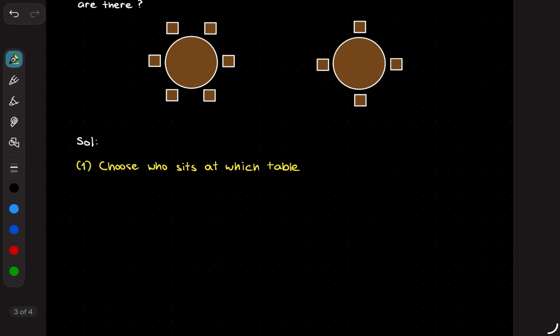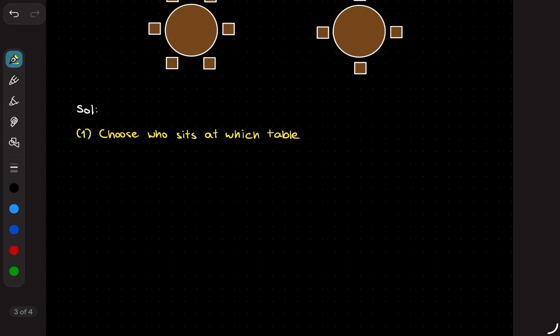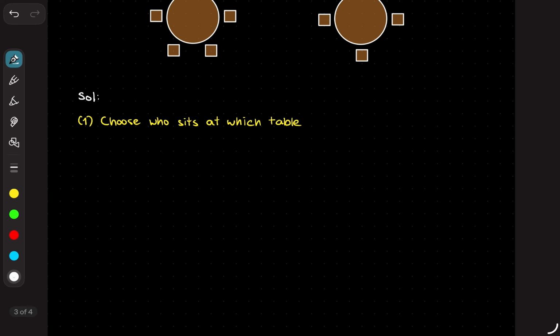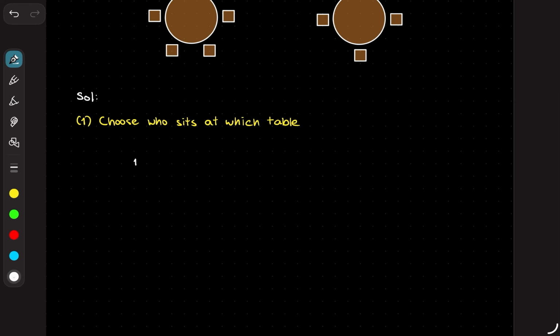So to do that one, the key is to use the combination formula. So we'll be having here 10 choose 6. So again, the idea is out of the 10 people, we'll be deciding in how many ways we can choose 6 of them to be seated, and then the 4 will be allocated correspondingly.